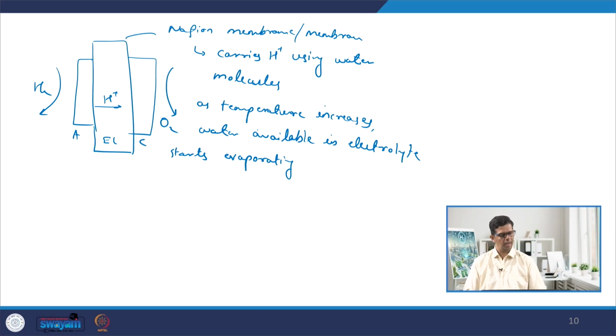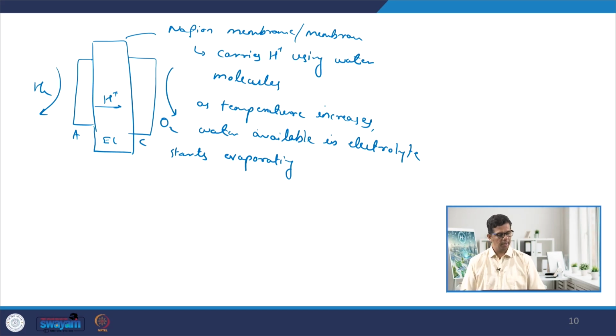If that happens, the water is not available anymore for the proton conduction, and protons will not be transferred from anode to cathode, and in that sense the membrane acts just like an insulator.